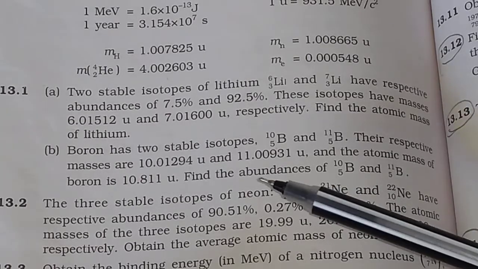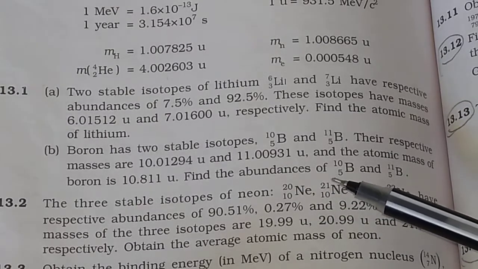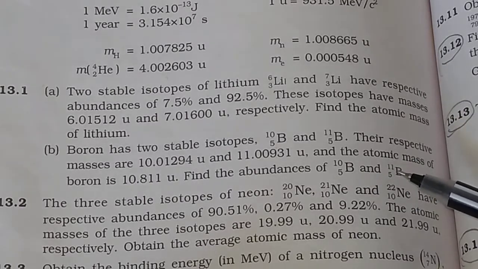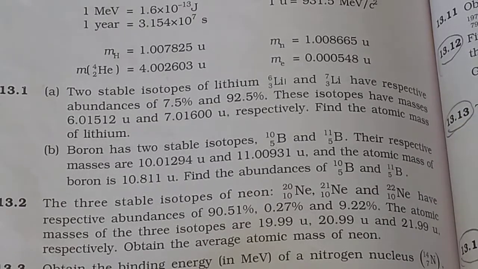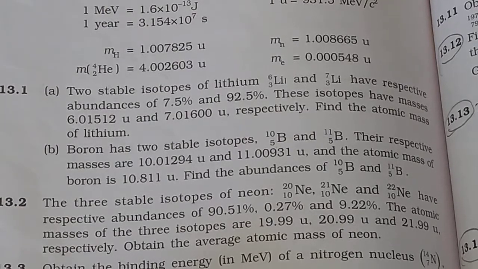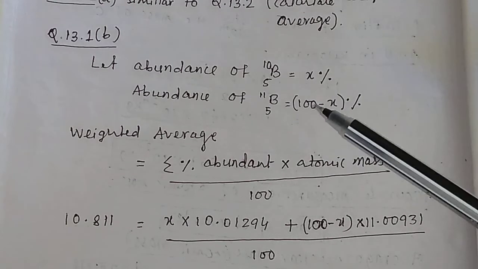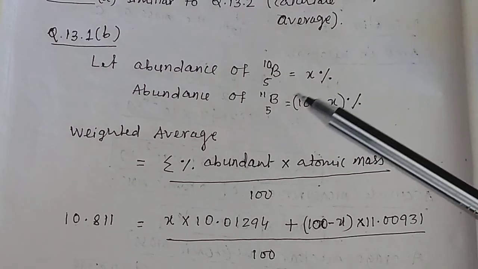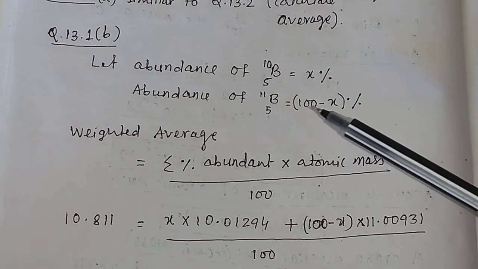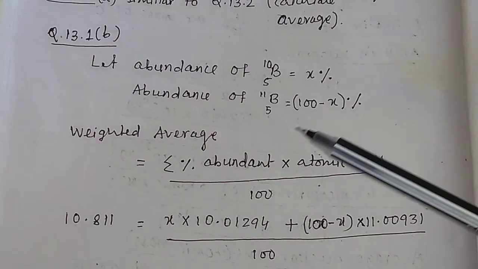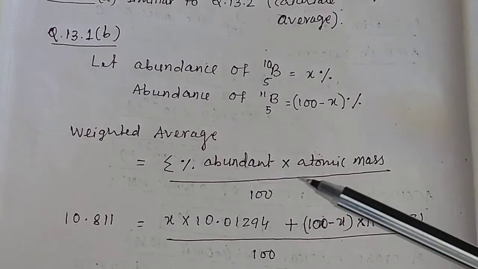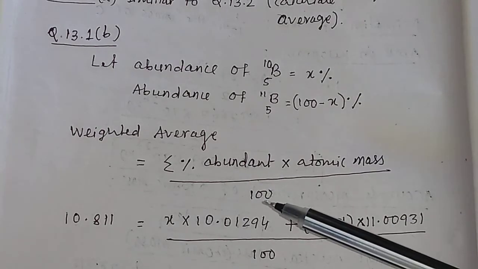So in this problem, suppose the abundance of boron 10 is X percent. Then the abundance of boron 11 will be 100 minus X. Use the same formula, the weighted average, which is the sum of the percentage abundance into atomic mass divided by 100.